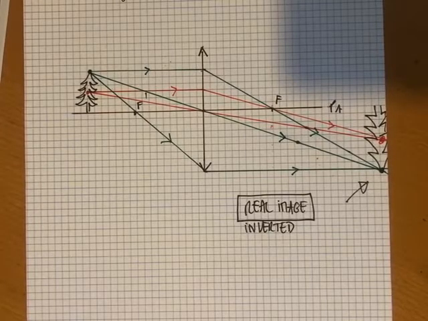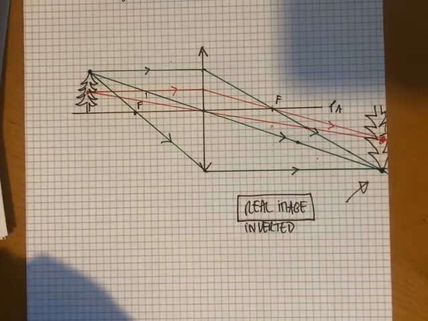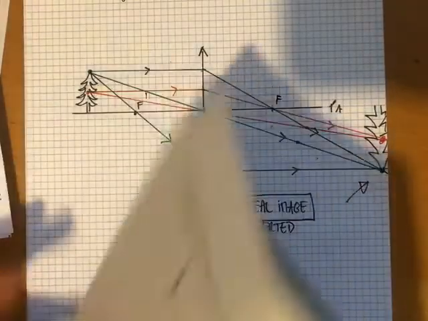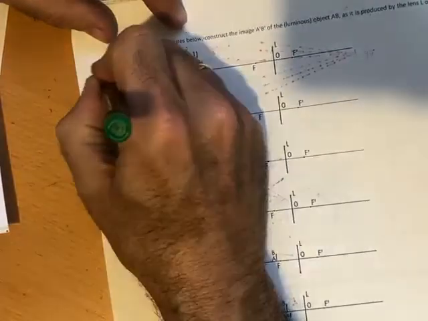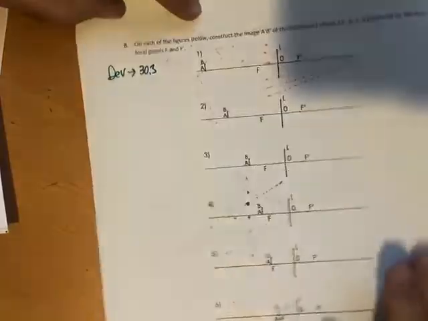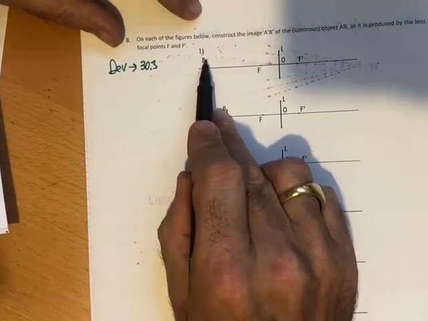What I would like you to do for next week is a very simple exercise so that you have something to do. I would like you to do this exercise here. You have an object. The object is AB.